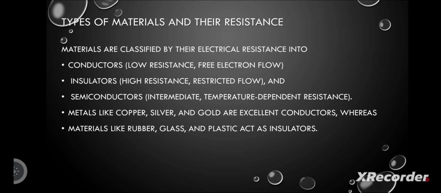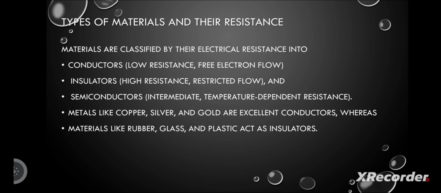Now the types of materials and their resistance. Just understand that the resistance you have seen here may be made of some kind of material, right? So materials are classified by their electrical resistance into conductors. A conductor has low resistance, and free electrons flow.